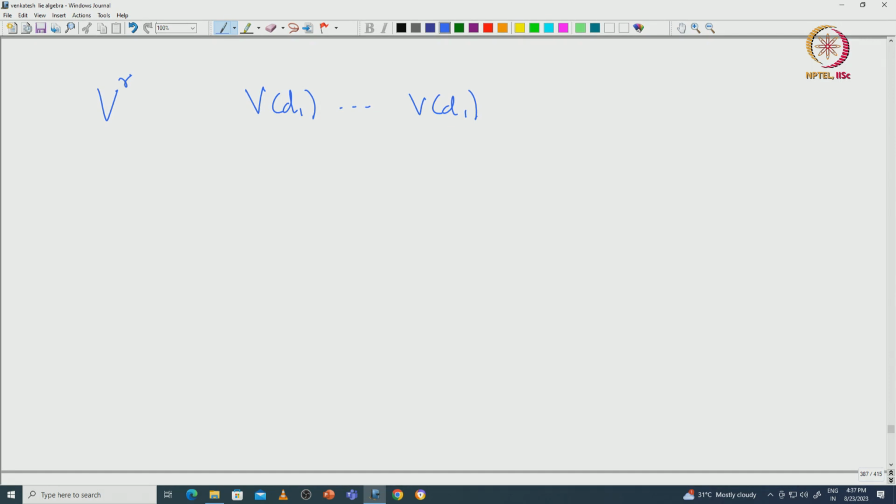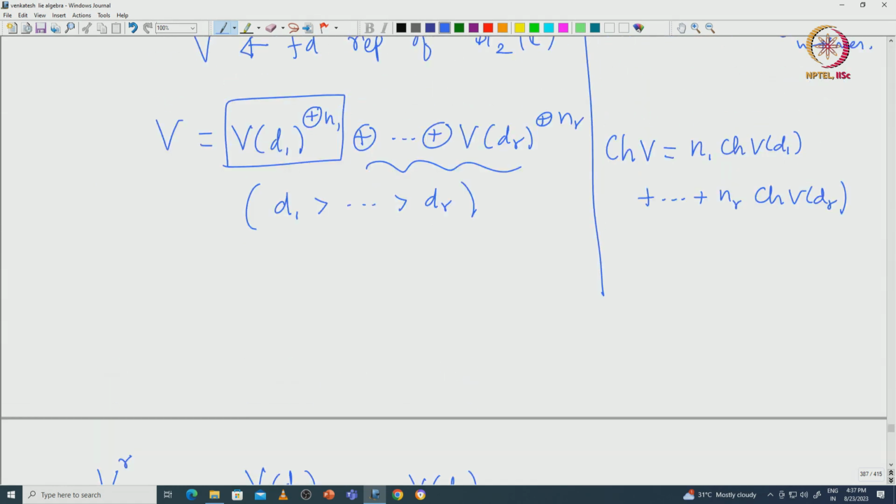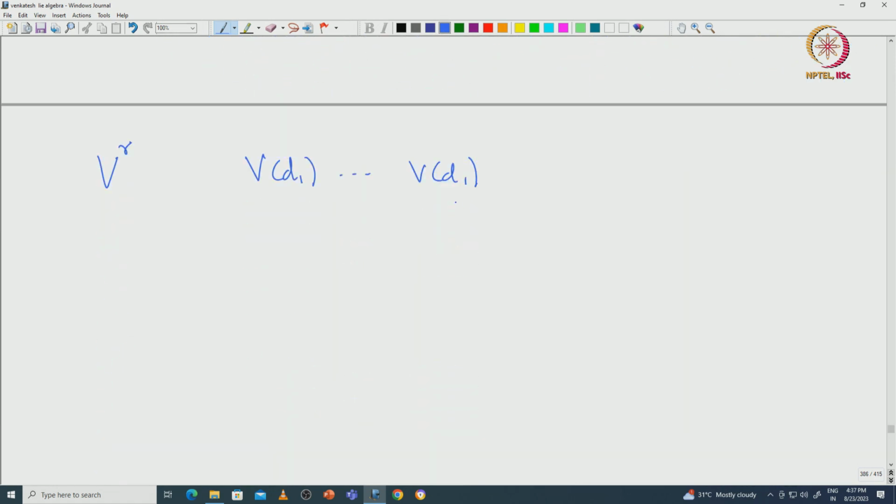These gammas are coming from the eigenvalues of these V_di, and in some sense they are all ordered. You can see that first we have written V_d1, then V_d2, and so on up to V_dr, so they are in decreasing order. But if you focus only on V_d1 and its copies, how does it look?